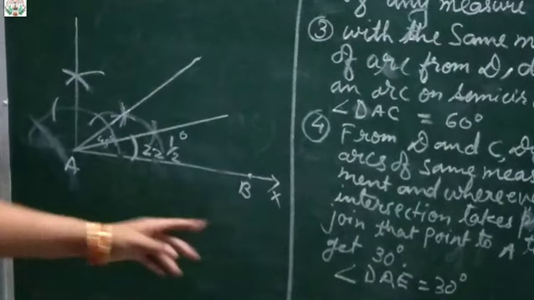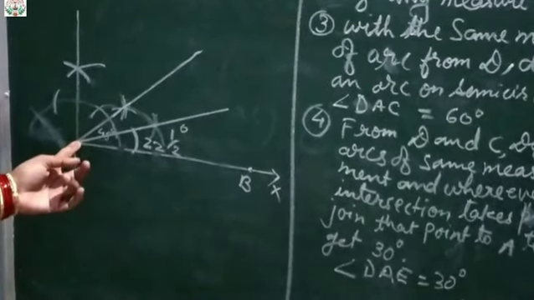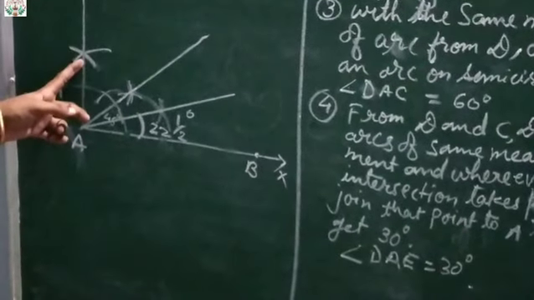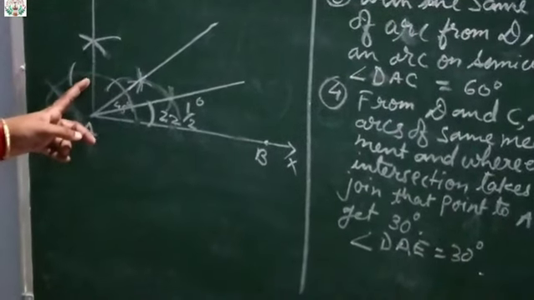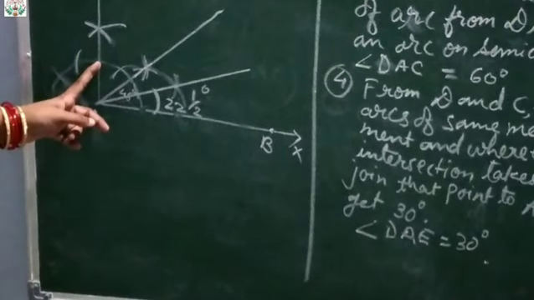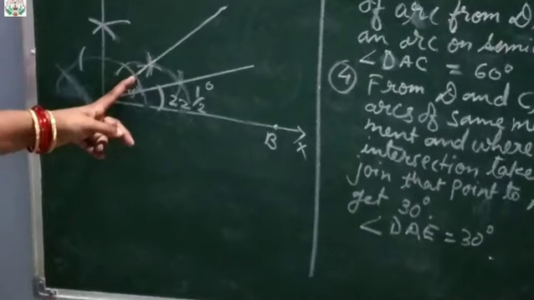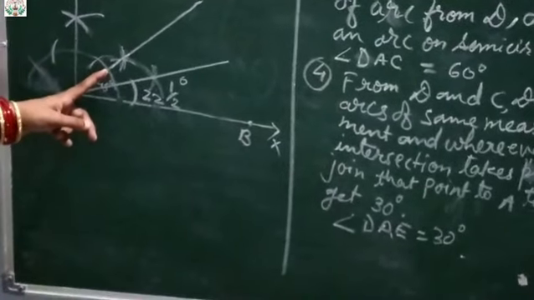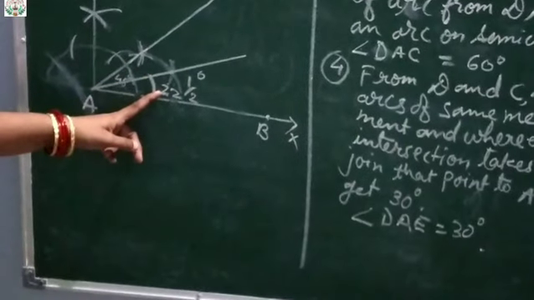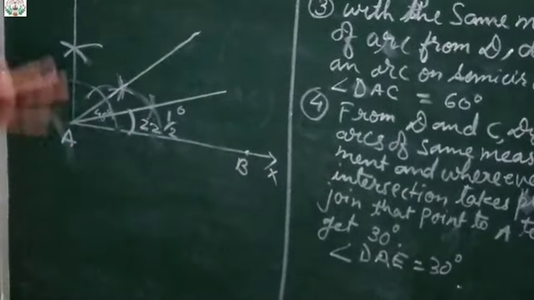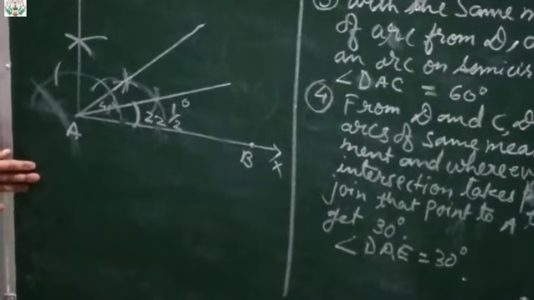Take a ray AX with the initial point at A. Draw 90 degree at A. And then do the angle bisector or draw the angle bisector of 90 degree. Okay. Then we will get what? 45 degree. Again third point. The angle bisector of 45 degree gives the 22 and a half degree. Okay, 3-4 lines you write for step of constructions.